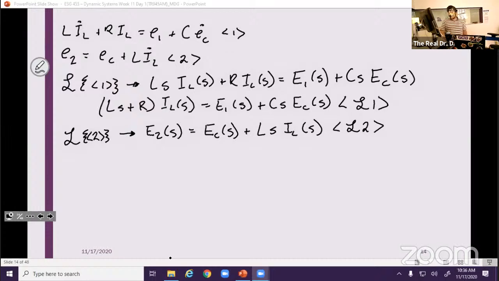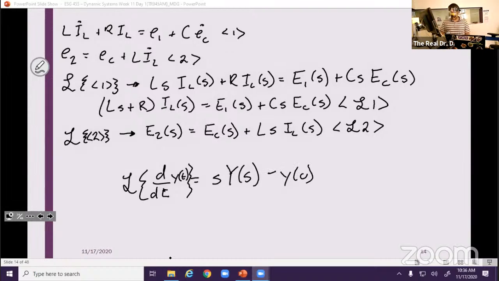Remember, when we have zero initial conditions, if you're taking the Laplace transform of the derivative, this is s times the Laplace transform of the function. Let's actually write this in the general case, minus the initial condition.